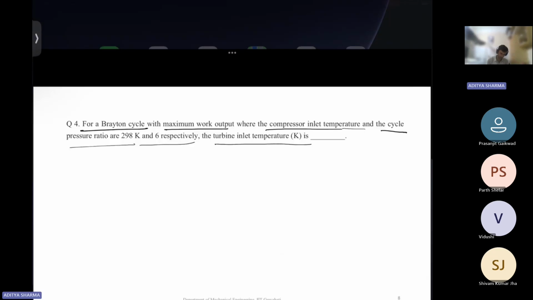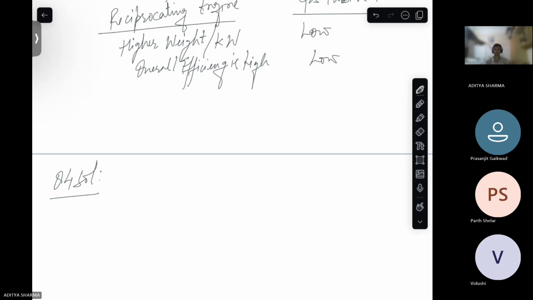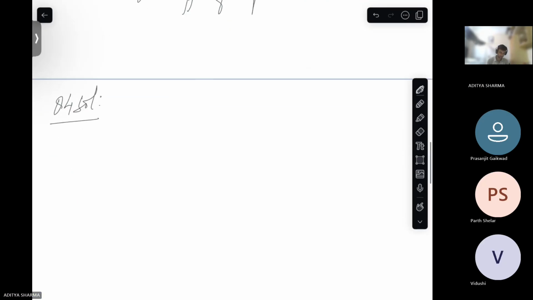So first see that question number 4. First we have the Brayton cycle.